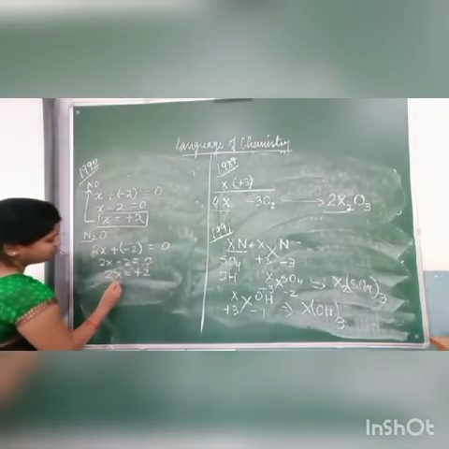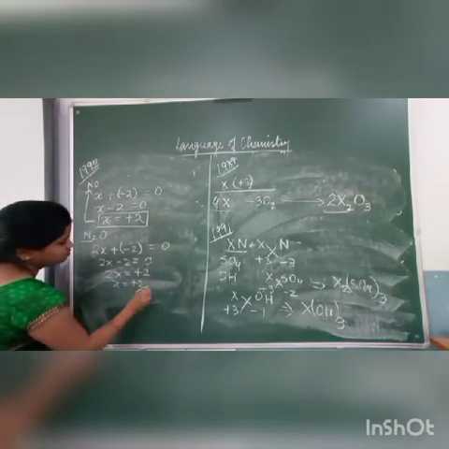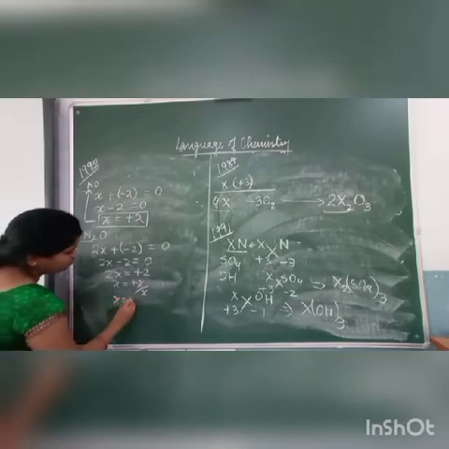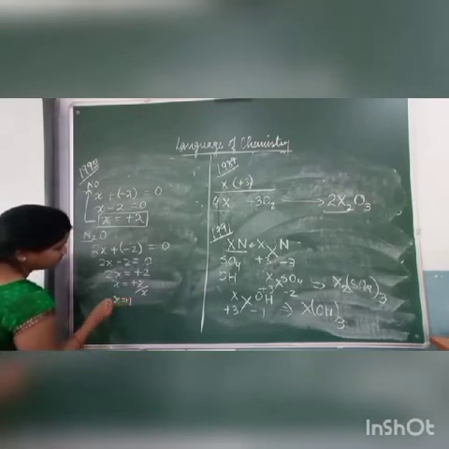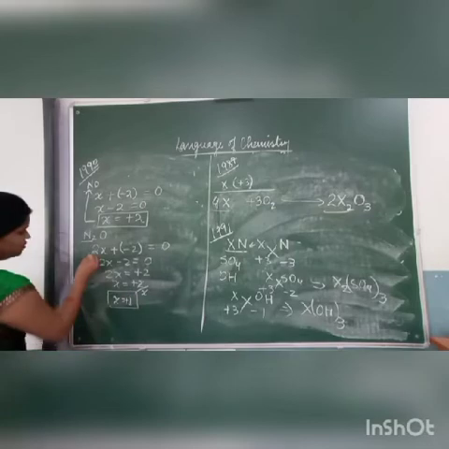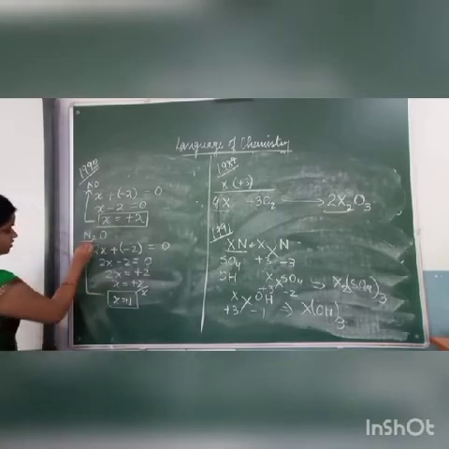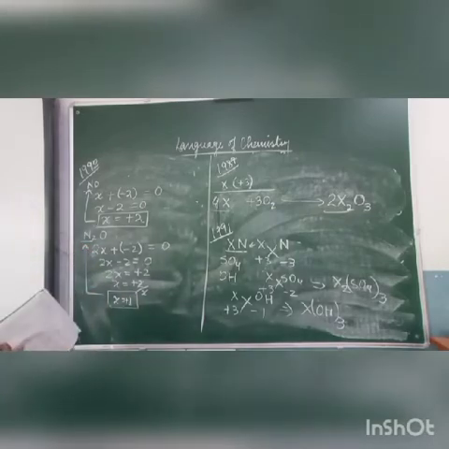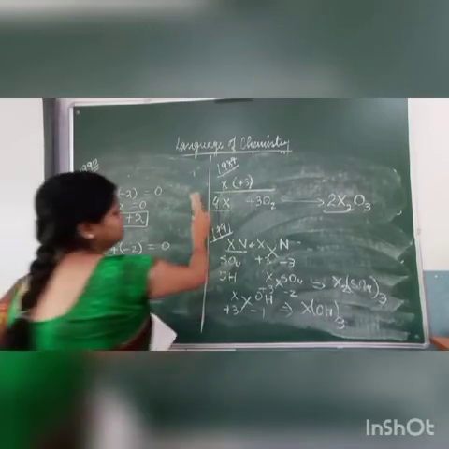Now X is equal to plus 2 upon 2. So X is equal to plus 1. So here plus 1 will be the valency of nitrogen. Clear?